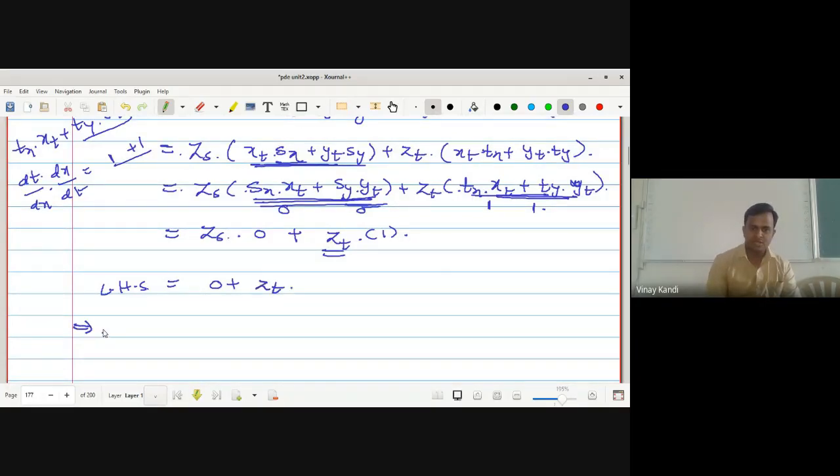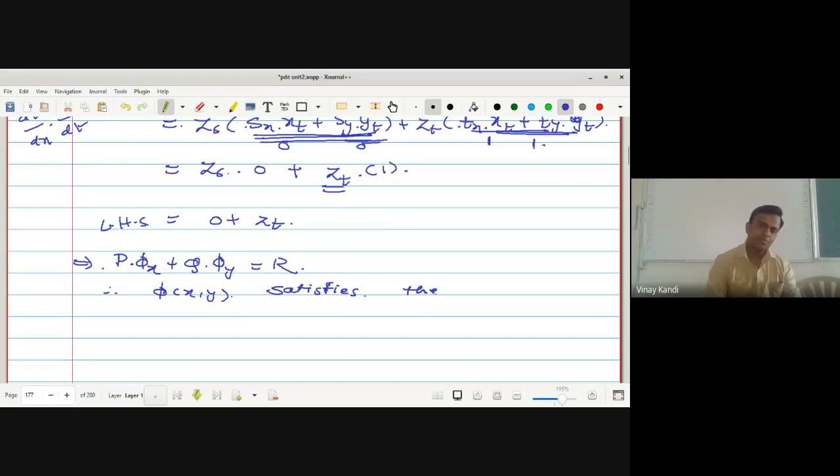What is the left-hand side? The left-hand side is P into phi x plus Q into phi y is equal to zt, but zt is what? R. Therefore phi of xy satisfies the partial differential equation. Only how this condition 1 plus 1 should be 2, how the 1 came, I will tell in the next step.